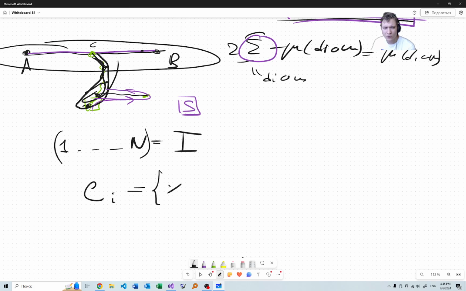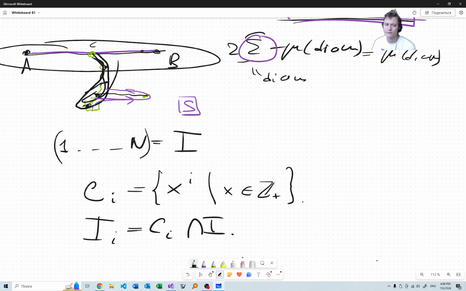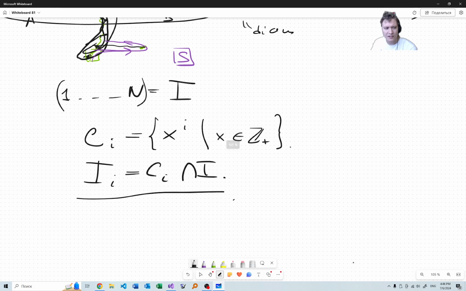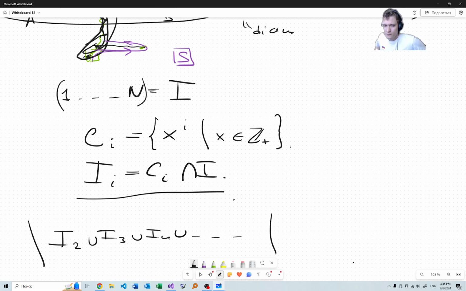So this is the set of all numbers x to the I, where x is a positive integer. And let's say that Ii is Ci intersected with the numbers from 1 to n. This is what we want. Our goal is to calculate the sizes of I2, I3, I4, etc. This is our goal. How to solve this problem?